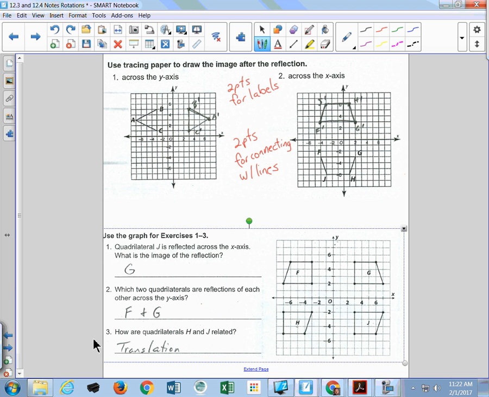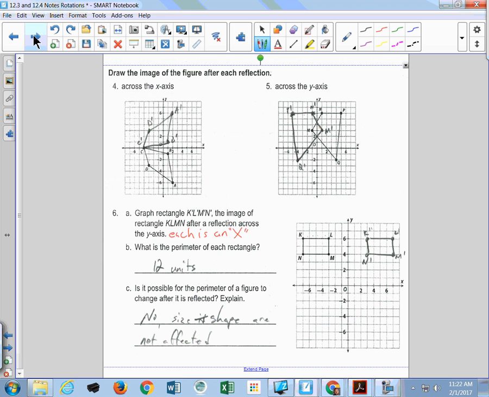I'll give you just a minute to look over those. All right, and those would be just 1 X each.